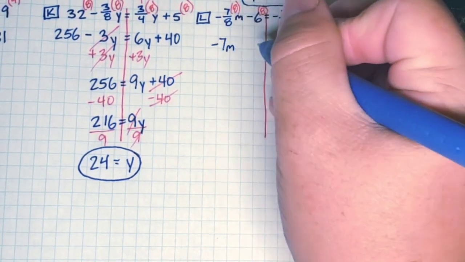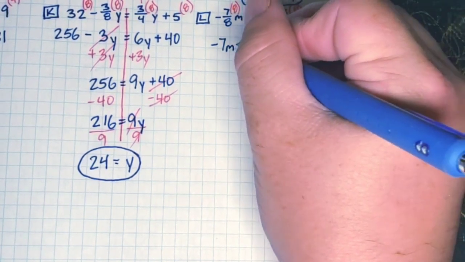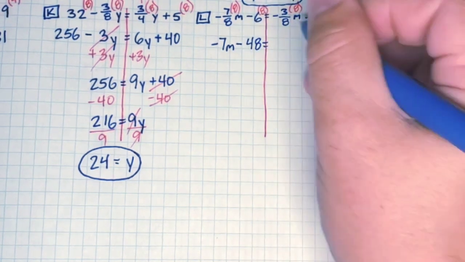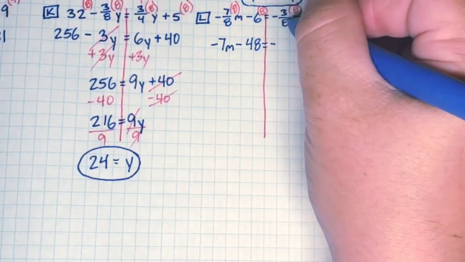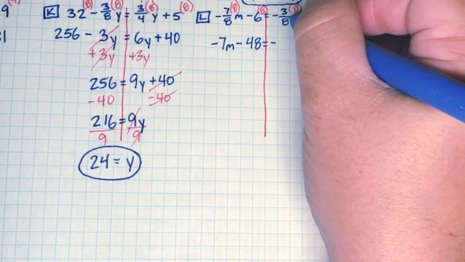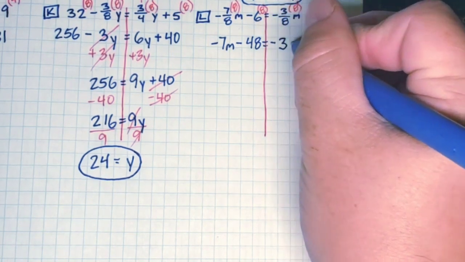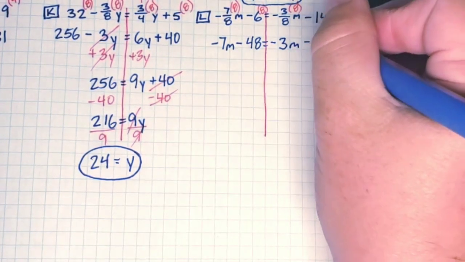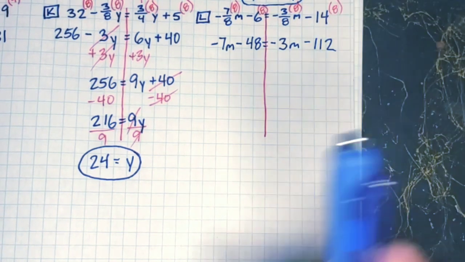So this is negative 7m. Negative 6 times 8 would be negative 48. This is negative 3 times 8 is 24, divided by 8 is 3, so negative 3m minus negative 14 times 8 would be negative 112.